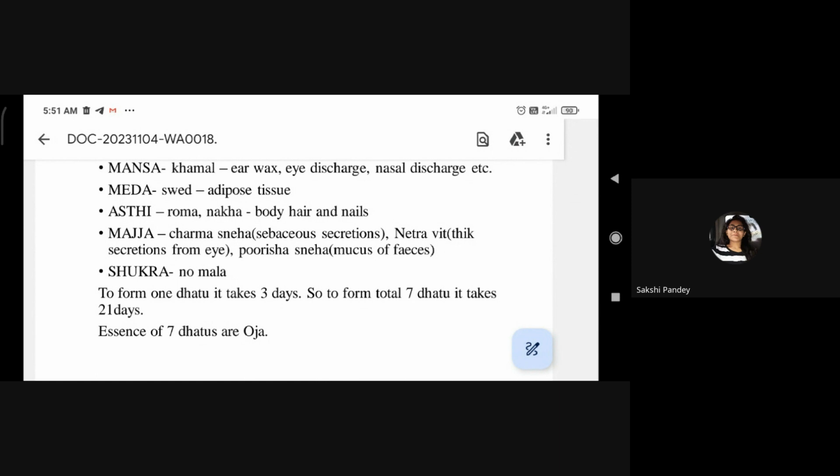So the charma sneha or subcutaneous secretions, and then netra mala, that is thick secretions from the eye, or purisha sneha, mucus of feces. These are the byproducts of majja. Now, shukra is the essence. So shukra does not have any byproduct, or any mala. Shukra is the essence.